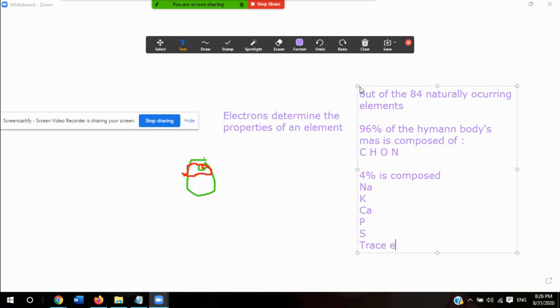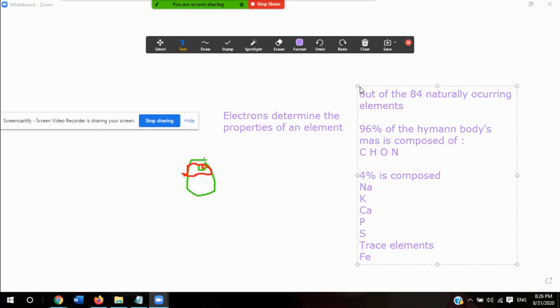Trace elements are present in your body in small quantities, but are really important. For example, iron, which is used to transport oxygen in the blood, and that's why you'll hear a lot of doctors and nutritionists suggest that we have a diet rich in iron.